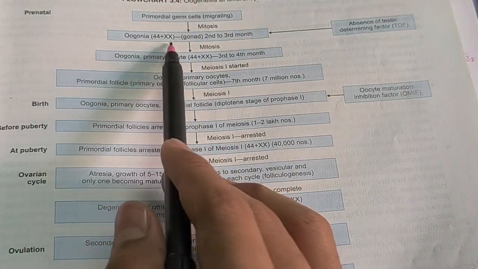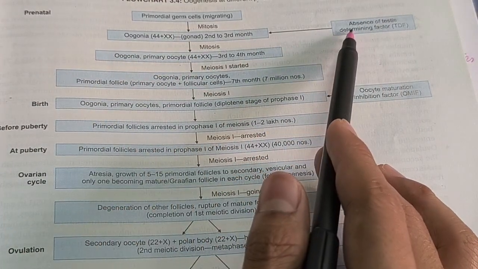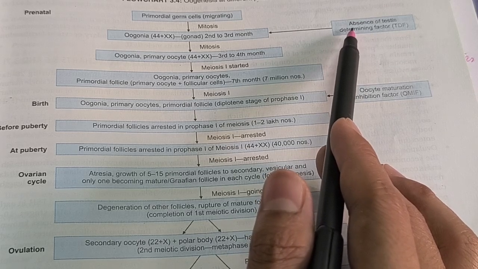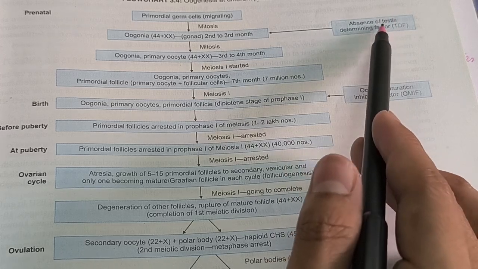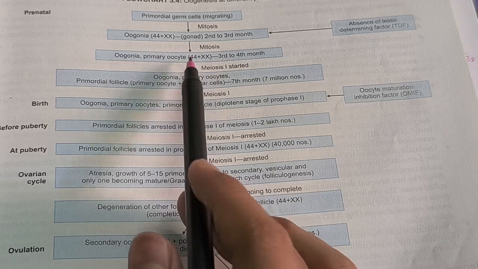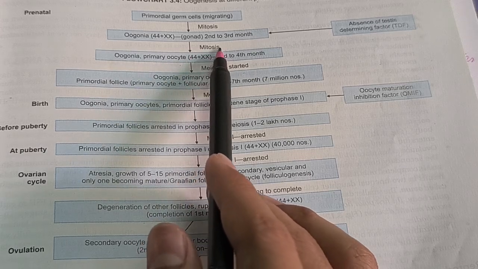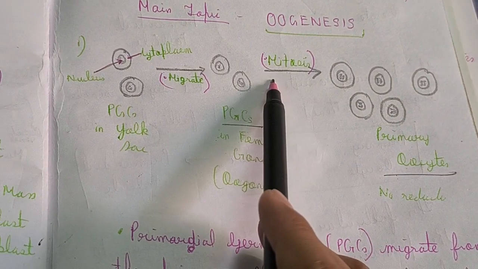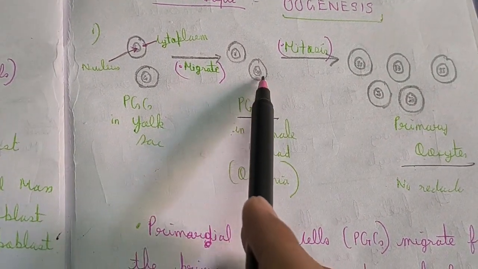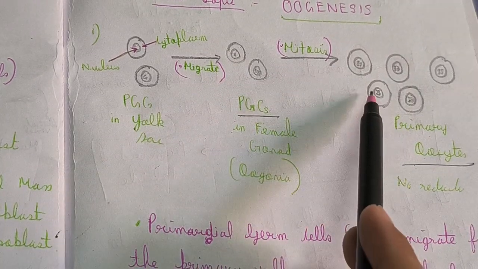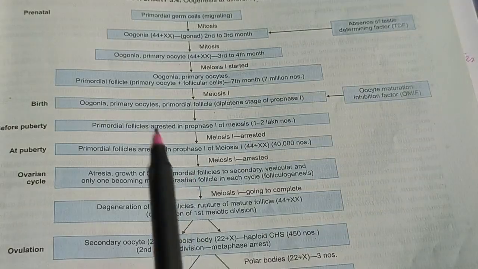Here, as you have known, in females there is no testis determining factor, so the female gonad forms, and mitosis occurs. Due to this mitosis, the primordial germ cells increase their number and become enlarged to form primary oocytes.